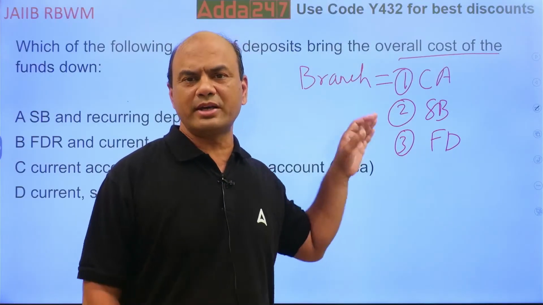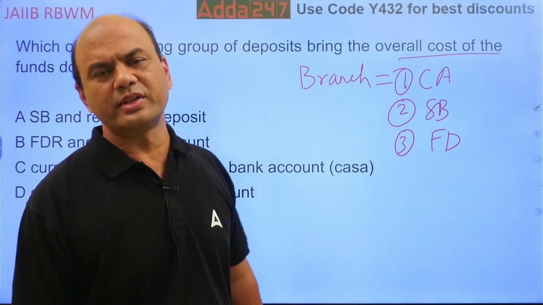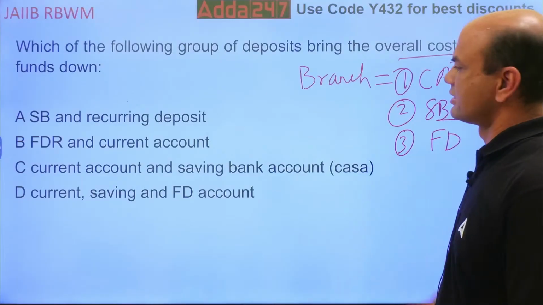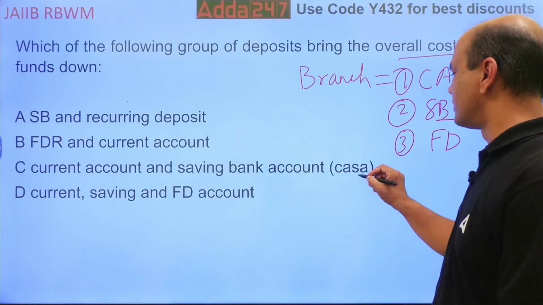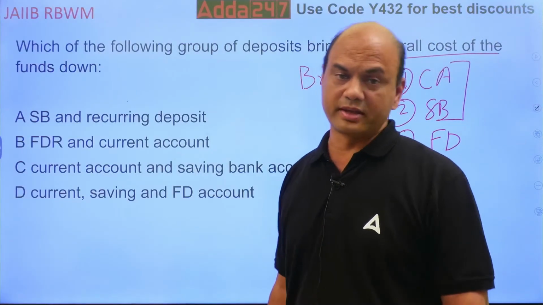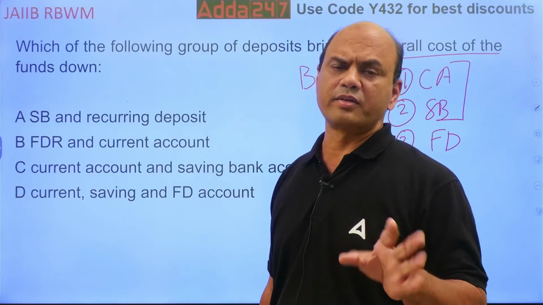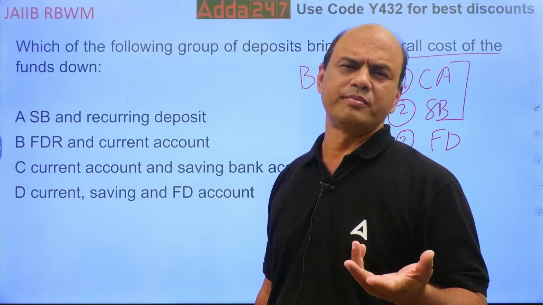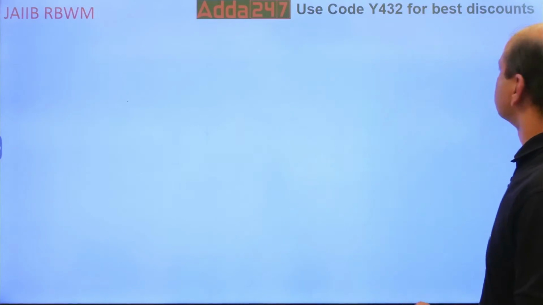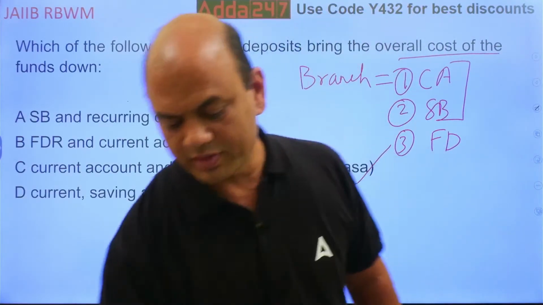Even savings is a bit higher, but we can group these two, current and savings. So we'll call this CASA. Both these, current account and savings account, CASA, will bring the overall cost of the funds down for the bank. I told you earlier, roughly it should be 35% minimum CASA. Got it? Everyone clear?